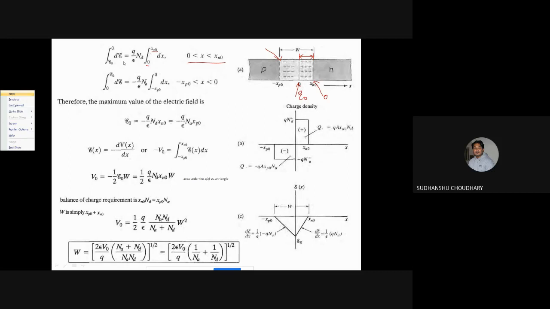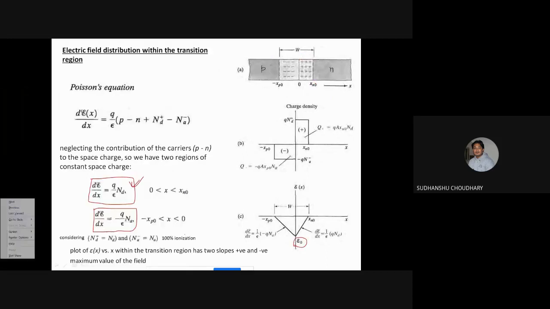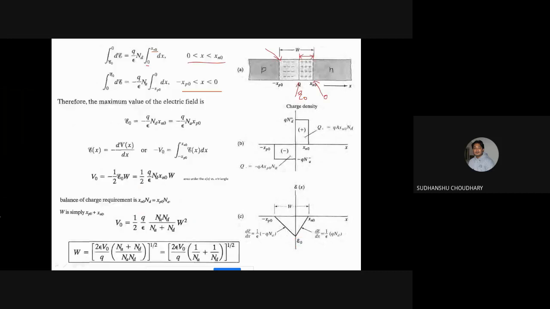Similarly, one can also write the other equation, that is dE/dx = -q/(ε_na), with its limits of integration.